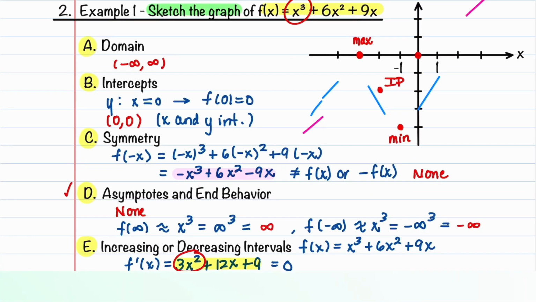It's going to come this way. We're going to go up to our max, and then it's going to be concave down till this point, and then the concavity changes, and it's going to be concave up, and it's going to pass through this point and continue going that way. Now let's go ahead and erase our other lines. And there we have our graph.